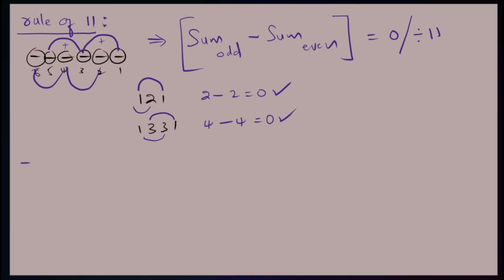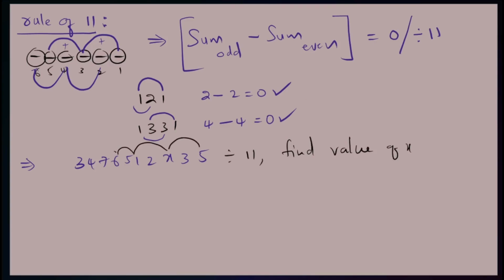There will be some question like this: 3, 4, 7, 6, 5, 1, 2, x, 3, 5. This is divisible by 11. Then find the value of x. Very simple. The sum is 6, 12 and 16, so this is x plus 16, minus 5, 10, 17 and 20.